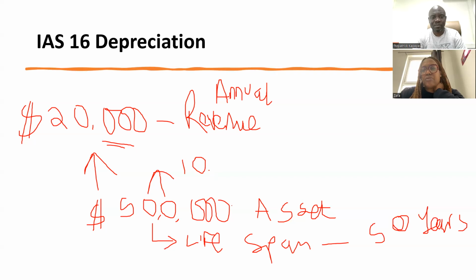So 500,000 divided by 50. So this is the value. This is the part component of the asset that was used to generate this value for me. This is now what they call depreciation.